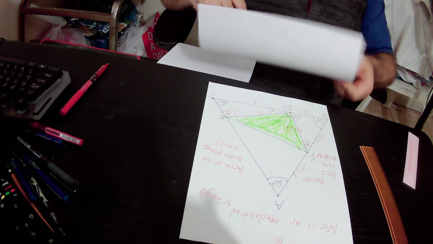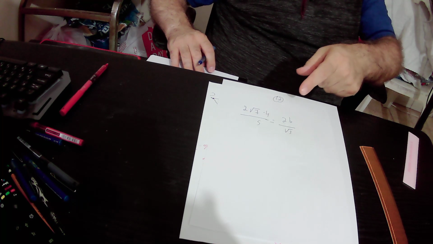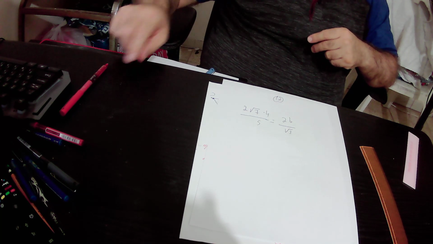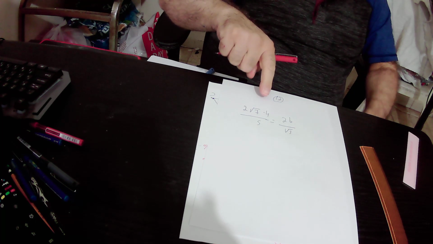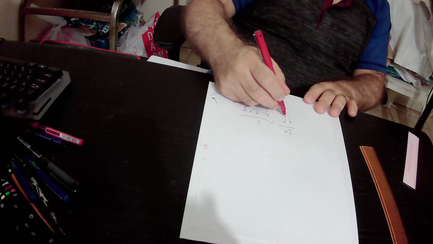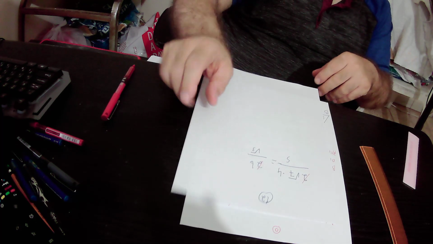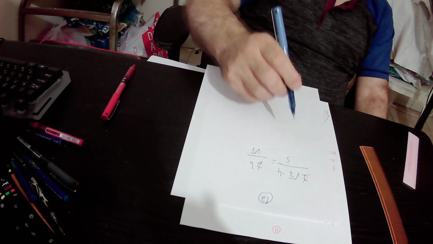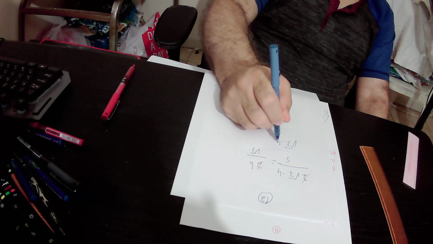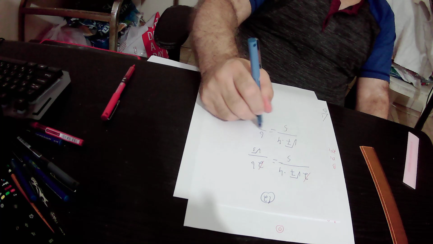After doing the simple arithmetic, we got 2 times root 7 times 4 over 5 equals 2 times B over root 3. We have 2 in the numerator on this side of the equation and 2 in the numerator on the other side, so we can cancel 2. What is left after we cancel 2? Root 7 times 4 over 5 equals B over root 3.